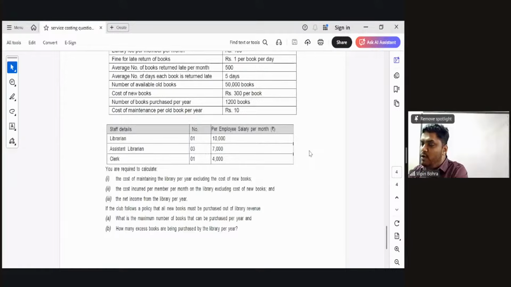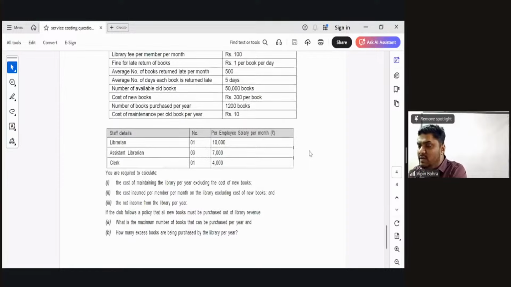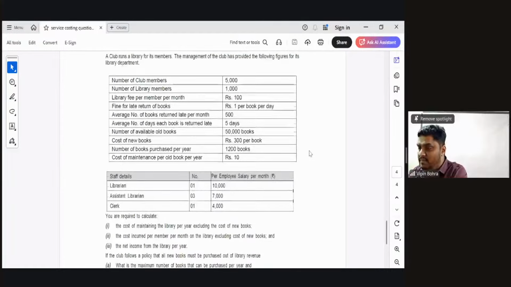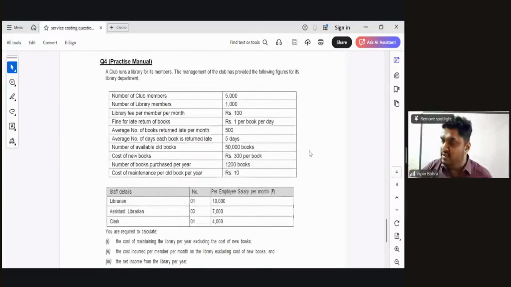If the club follows a policy that all new books must be purchased out of library revenue, what is the maximum number of books that can be purchased per year, and how many excess books are being purchased by the library per year? So let's start with this question, question number 4.